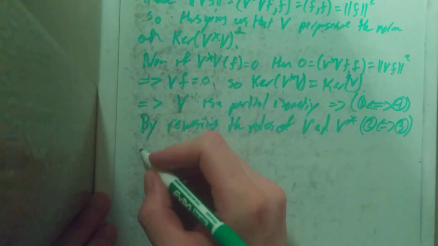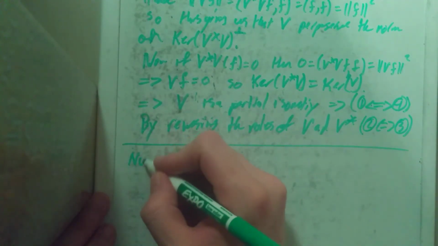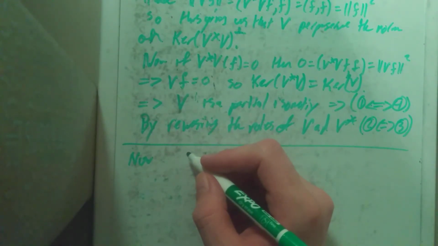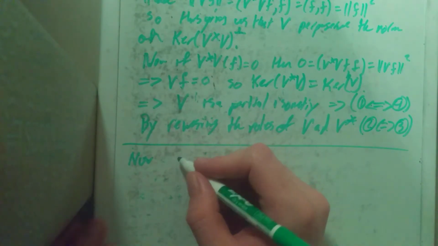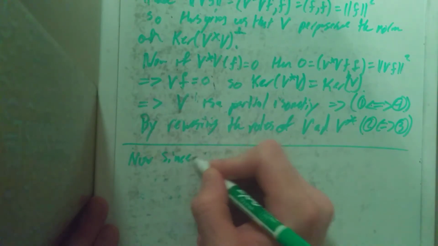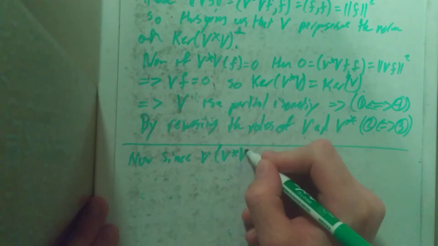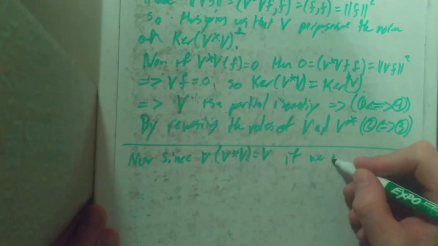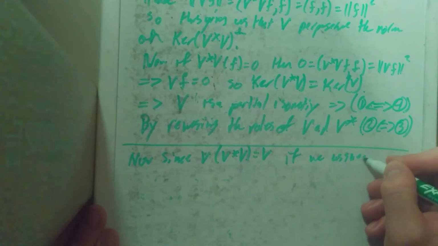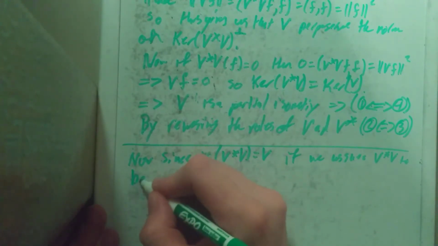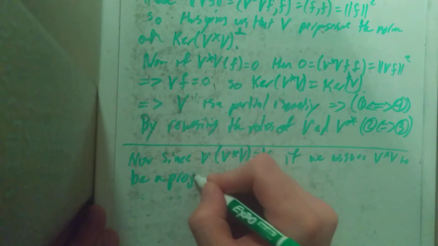Now, we want to show that V star V is equal to V, if we assume V star V to be a projection.